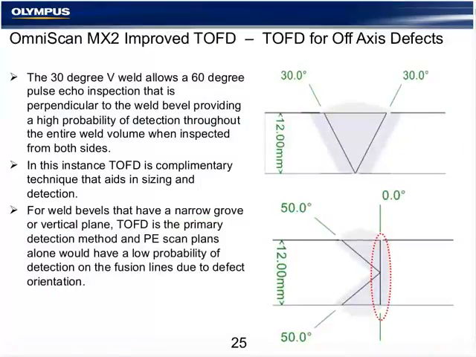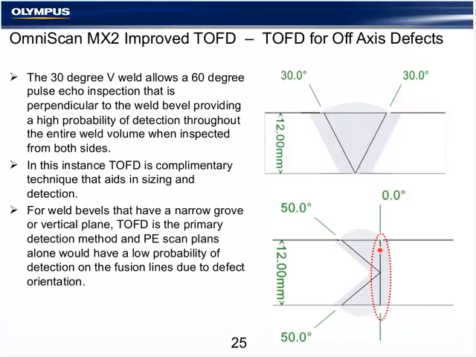TOFD is extremely useful for weld bevels that cannot be inspected at a perpendicular angle to the weld bevel. A 30-degree weld bevel can be inspected with a 60-degree angle very efficiently. But when the weld bevel is narrow, like in most pipeline and vessel automated, semi-automated welding processes, it becomes a very low probability of detection on a vertical or near vertical plane.